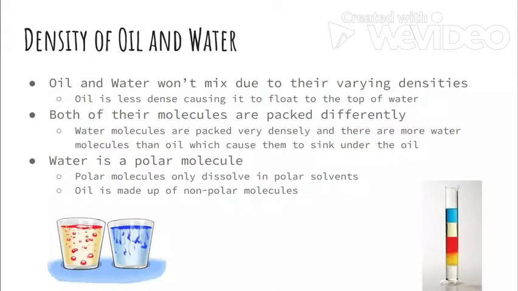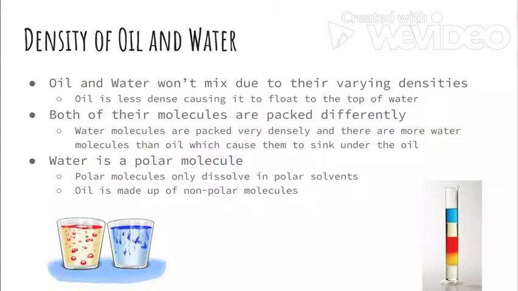So if we look at oil, it has a shell of negative charges or electrons surrounding the molecule, which causes it to become non-polar, and non-polar molecules, so the oil is going to stick with oil molecules, and the water molecules are going to stick to water molecules because water's polar and oil is non-polar, so they're not going to mix together, which explains why they eventually separate into two distinct layers.